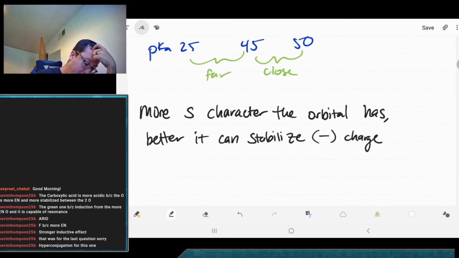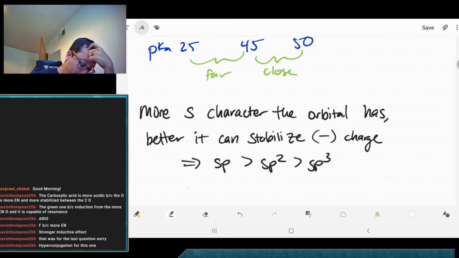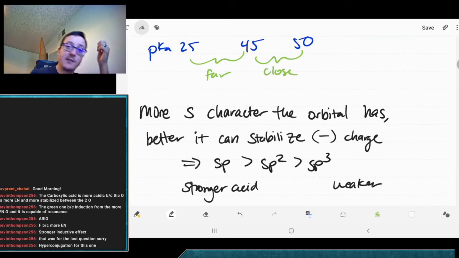And therefore, we're going to see that our sp hybridized carbons are going to actually have relatively stronger acids compared to the sp2 or sp3.